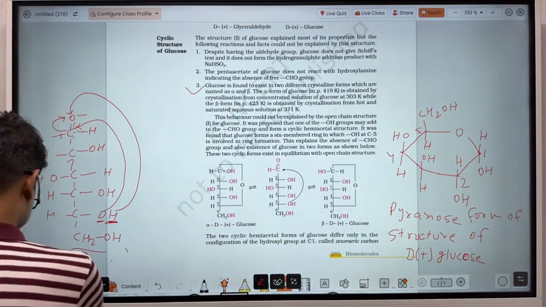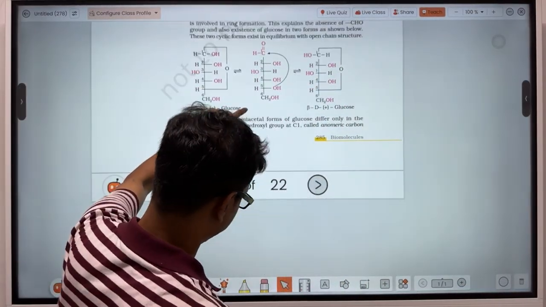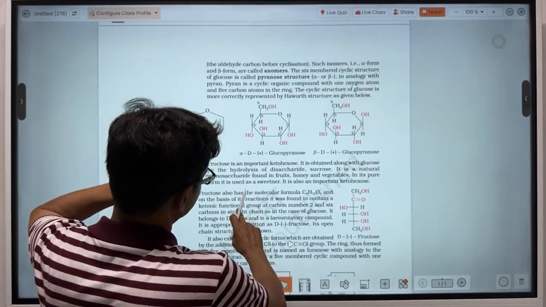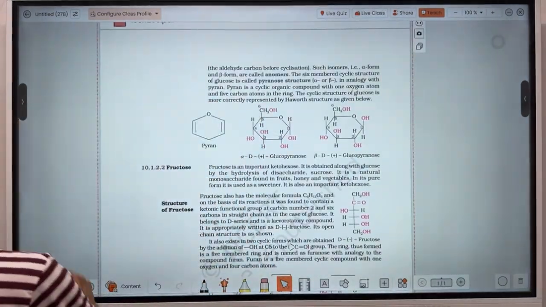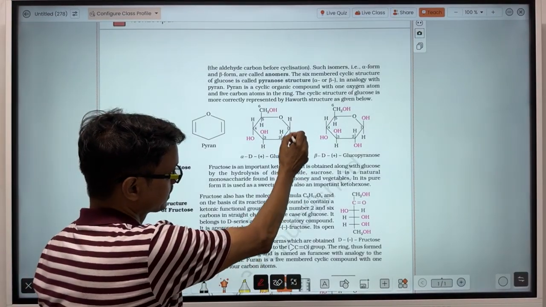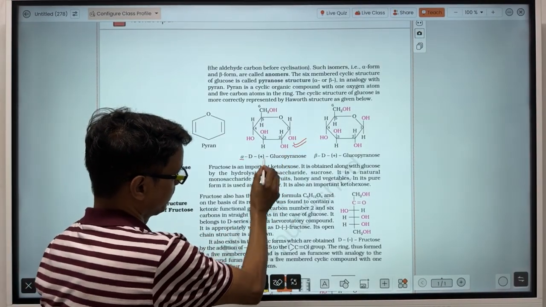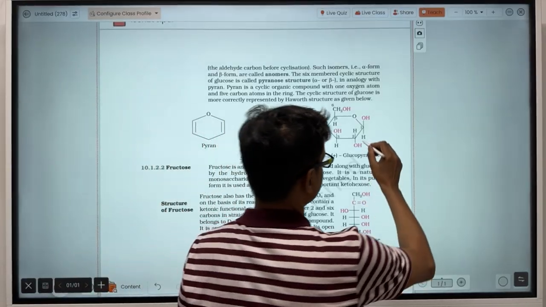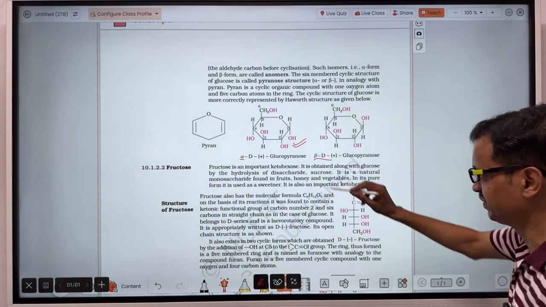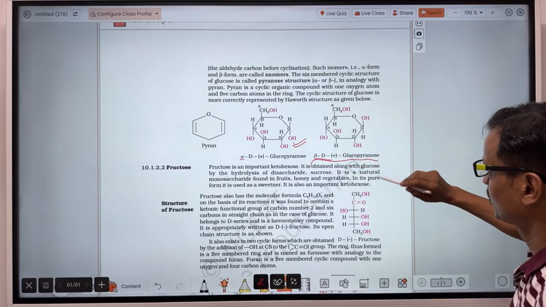So when the OH group is below, it is called alpha, and when the OH is above, it is called beta. So it is beta D plus glucopyranose.